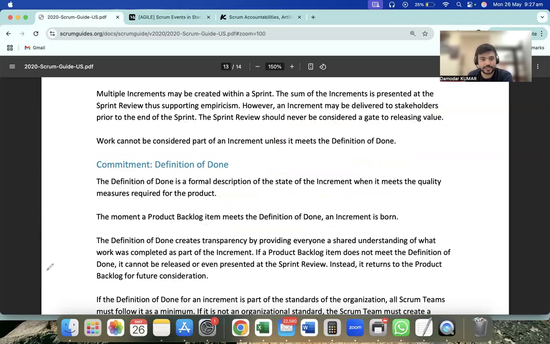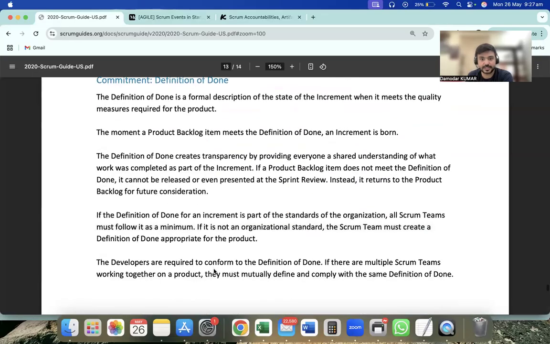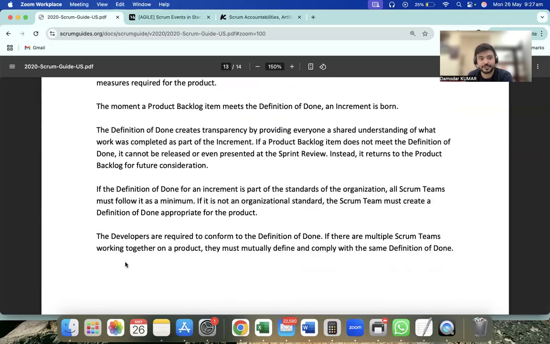The definition of done creates transparency by giving everyone a shared understanding of what work was completed as part of the increment. If a product backlog item does not meet the definition of done, it cannot, I repeat, it cannot be released or even presented at the sprint review because it didn't meet the quality. Instead, it will be returned to the product backlog for future consideration.